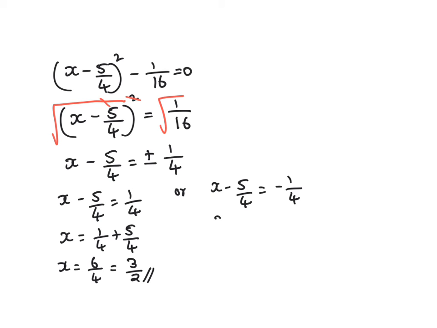In the other case, x is equal to minus 1 over 4 plus 5 over 4, so x is 4 over 4, which simplifies to 1. So the two roots of the equation are x equal to 3 over 2 and x equal to 1. So this is how you use the completing the square method to find the roots of a quadratic equation.